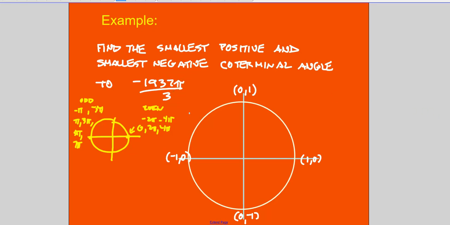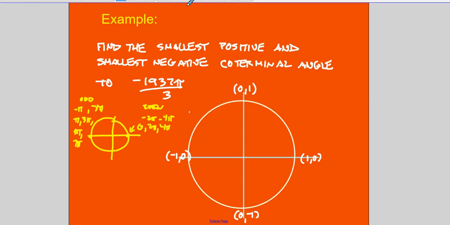-1,937 pi over 3. So what I'm going to do is long division. I'm going to divide 3 into 1,937. So that goes 6 times. Bring down the 3. That goes 4 times. 4 times 3 is 12. Bring down the 7.